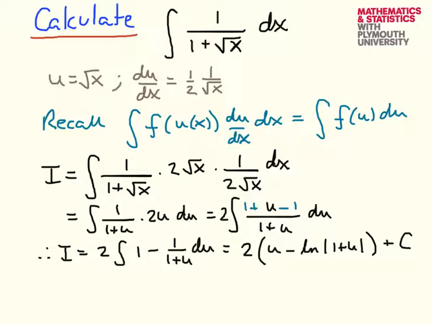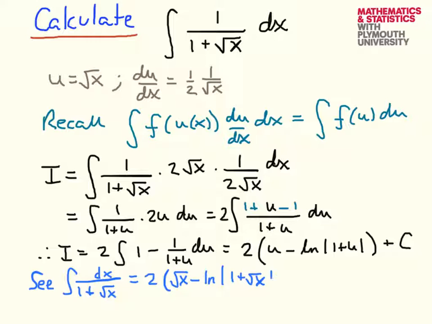So therefore what we see is that the integral of 1 over 1 plus the square root of x, integrated with respect to x, is equal to 2 times, and u was the square root of x, so it's 2 times the square root of x minus the logarithm of the modulus of 1 plus the square root of x, close modulus, close brackets, plus an unknown integration constant.